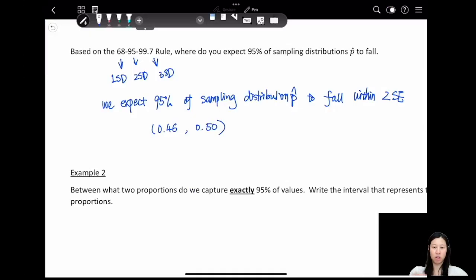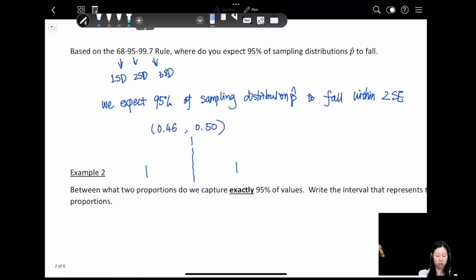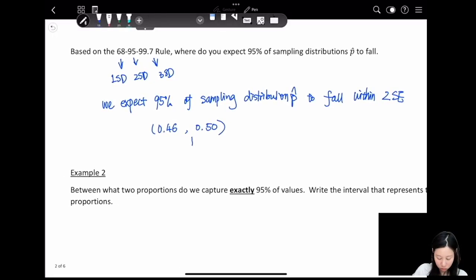Well, we're going to use the symmetry of the normal distribution. So think about it. This is a normal distribution, right? And we know that the normal distribution is symmetric. If we want the middle part to be 95%, oh, let me erase this. So we want the middle part to be 95%, right?